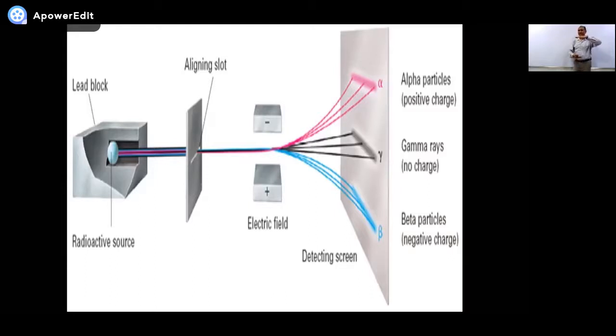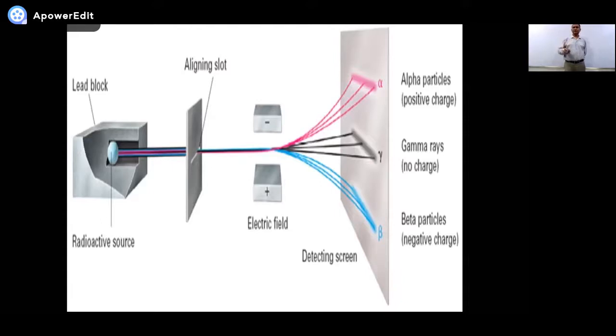When they apply this electric field, they saw that this single ray splits into three different kinds of rays: alpha, beta, and gamma. Alpha rays are positively charged, beta rays are negatively charged, gamma rays are neutral. They don't carry any charge.